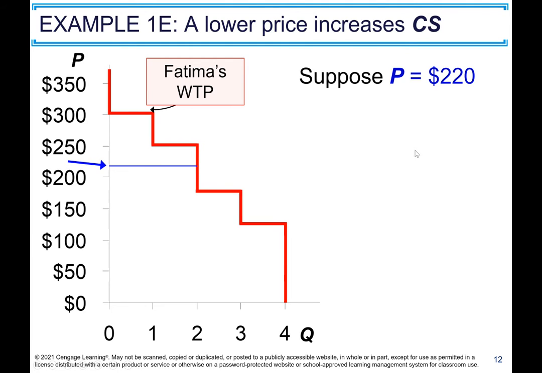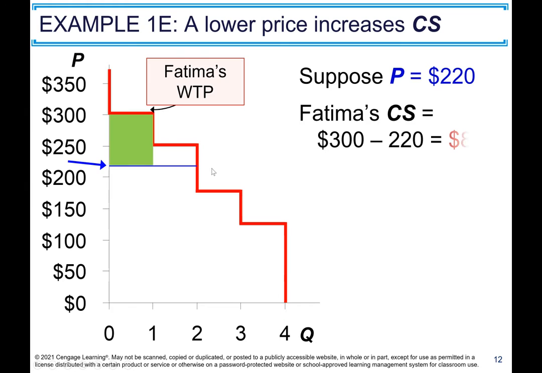Suppose the price drops to $220. Fatima's consumer surplus increases to $80. That is $300, Fatima's willingness to pay, minus $220, the price.